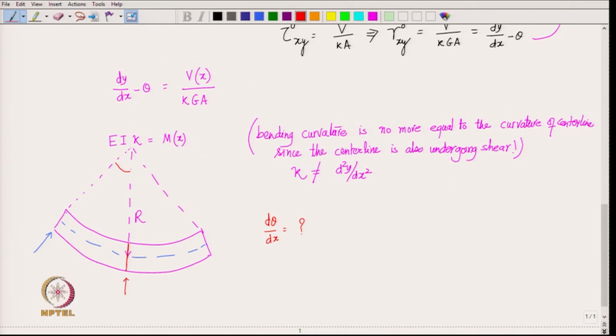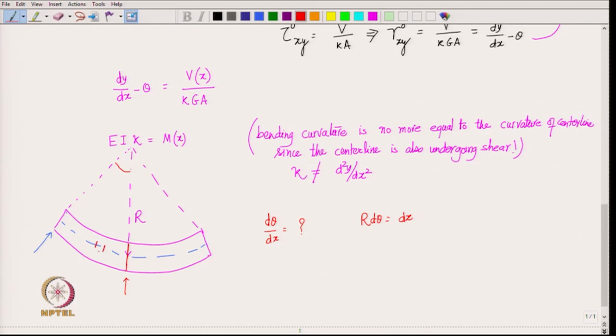So, we know because it is a circle, r dθ would be the same as the arc, is it not, which in this case is dx, because we are saying that the center line is not undergoing any stretch. So, the initial length of the center line and the final length of the center line is the same.